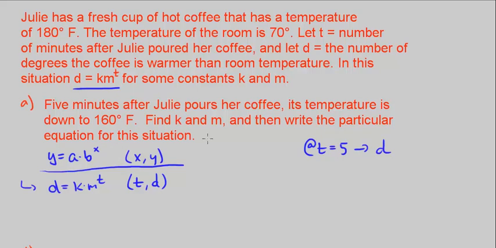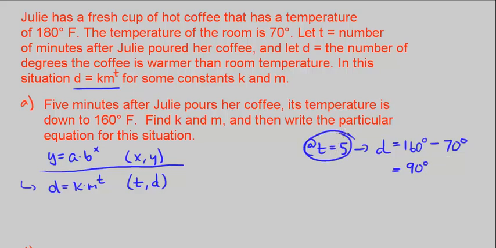Well, d then is going to be how hot is their coffee at t is 5? Well, it's 160. So it's going to be 160 minus the room temperature, right? So the room temperature, remember, is 70 degrees, and that won't change. And 160 minus 70 is 90, all right?